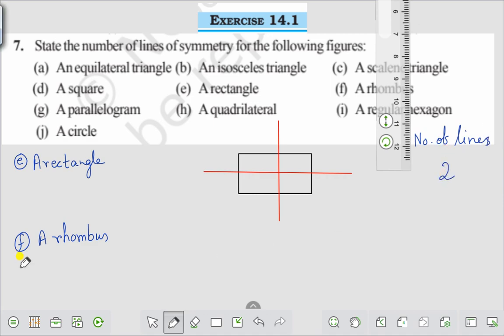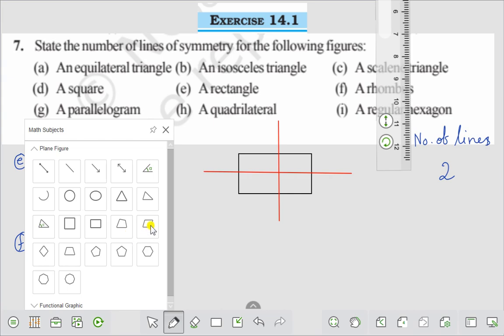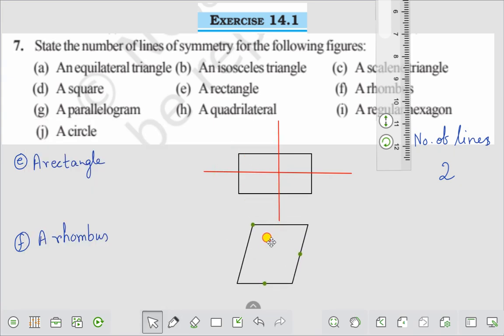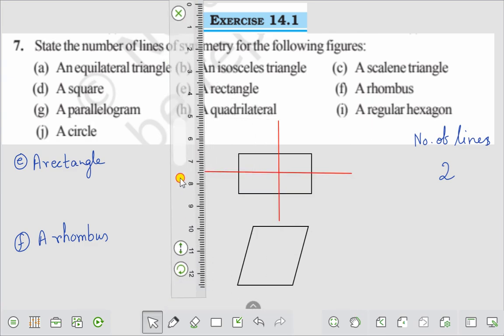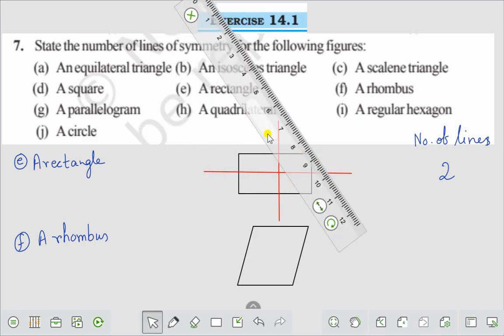If we take a rhombus, then what will happen? Rhombus means all the sides are of the same length. Let us take a rhombus here and find the lines of symmetry. If we draw a line of symmetry diagonally, we get the line of symmetry as a diagonal.